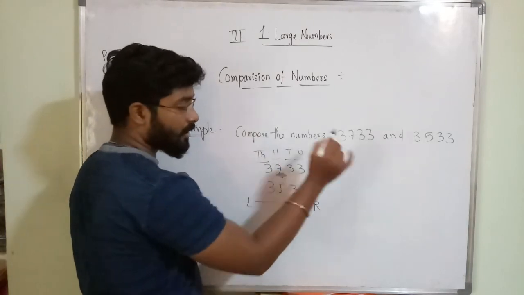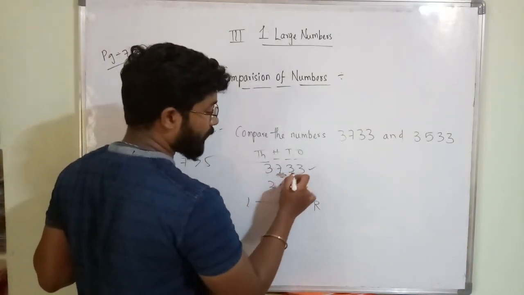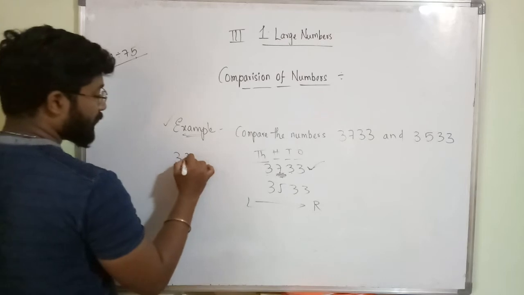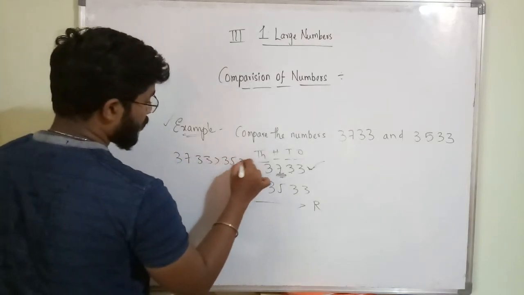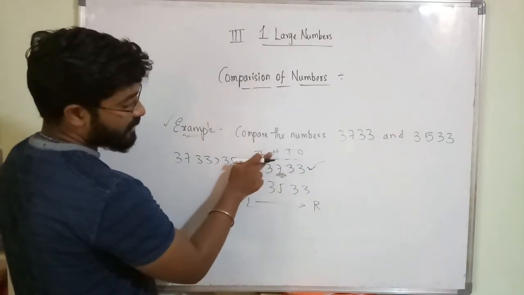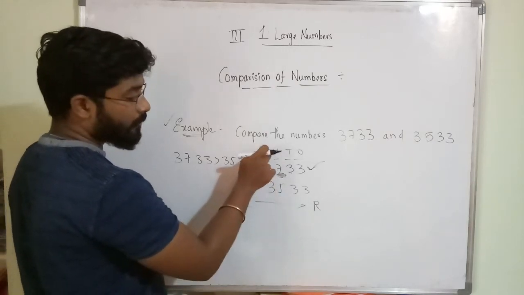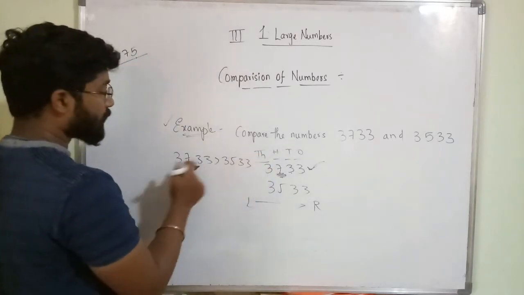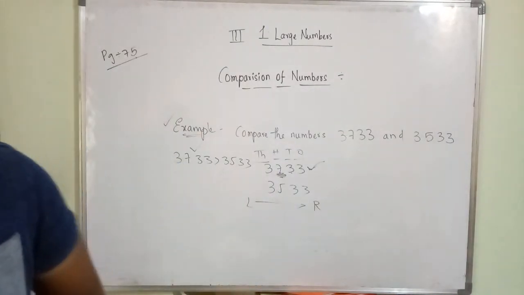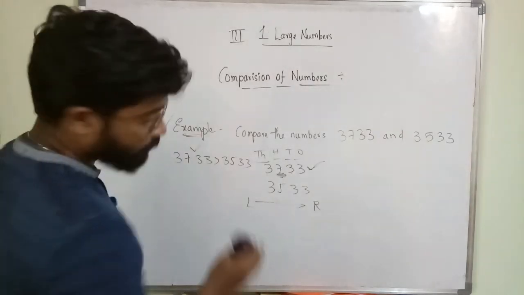So 7 is greater than 5, so 3733 is greater than 3533, because the thousands, tens and ones places are all the same, and there is a change in the hundreds place only, because 7 is greater than 5. Like that you have to compare.